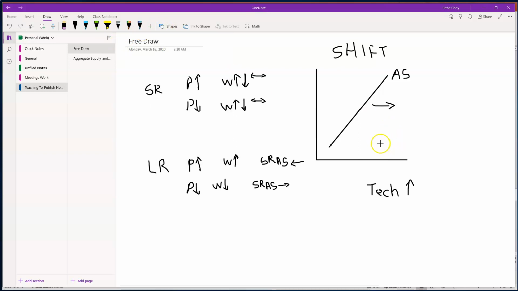We draw a second aggregate supply to the right of the previous one, going from aggregate supply 1 to aggregate supply 2. That's an increase in the short-run aggregate supply. A decrease in the short-run aggregate supply is the opposite. Imagine we have a decrease in the level of technology. Then my short-run aggregate supply will shift to the left.